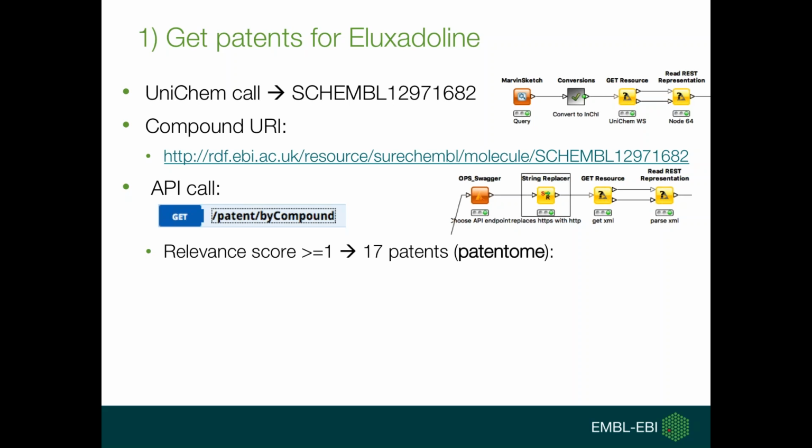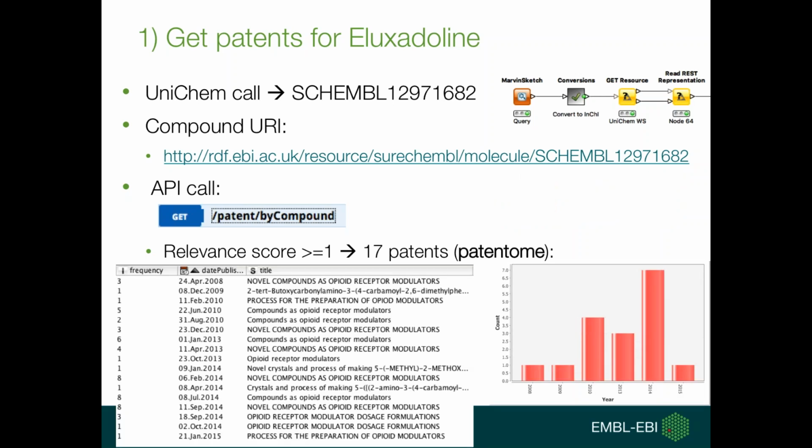So I find 17 patents, and this is what I call the patent tome for this particular compound, for eluxadoline. This is the list of the patents, sorted chronologically, so the earlier patents are at the top.